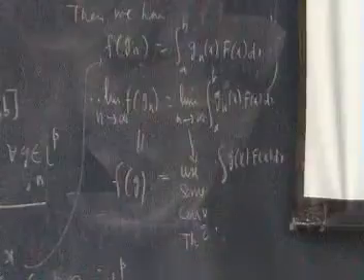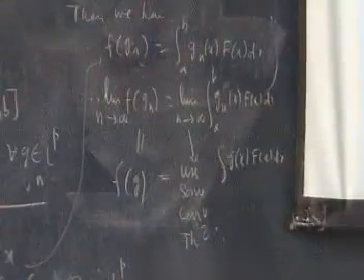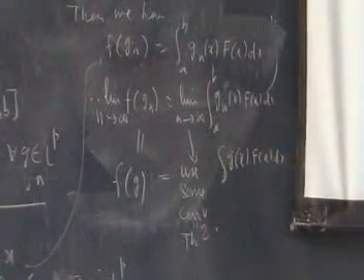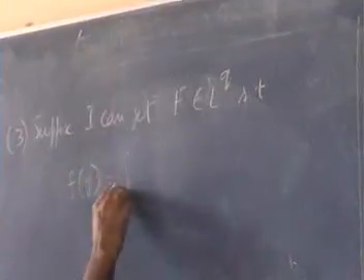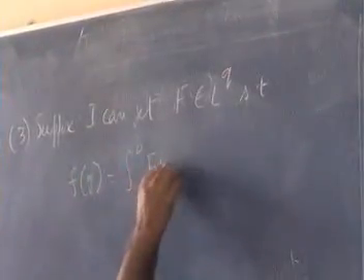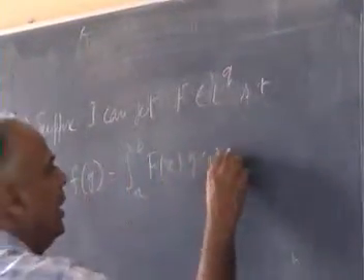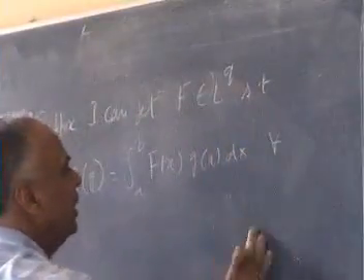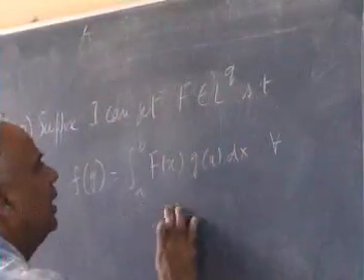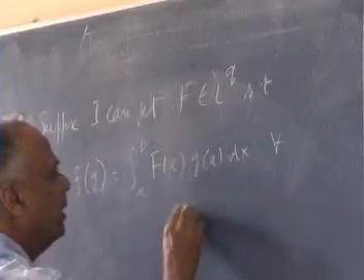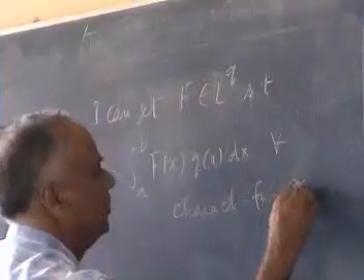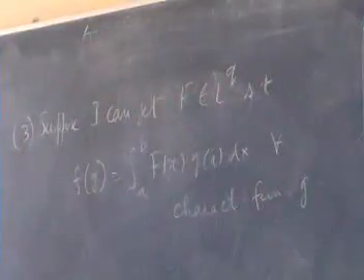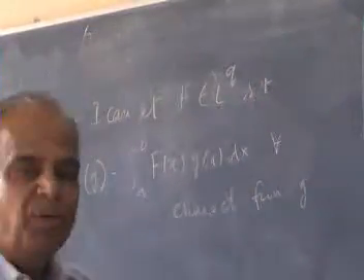Suppose I can get f in L^q such that F(g) is equal to the integral from a to b of g(x) f(x) dx for every characteristic function g.